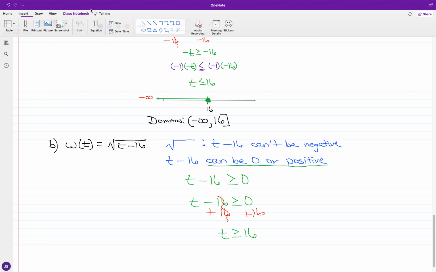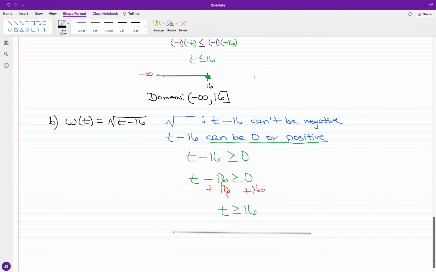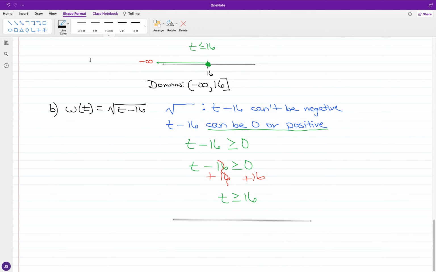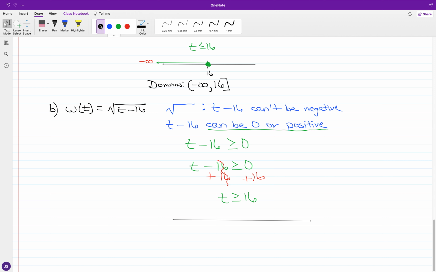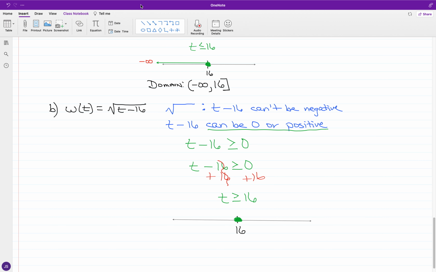Okay, so we have 16 as the centerpiece number, so to speak. And so with the number 16, we have t is greater than or equal to 16. So for the equal to 16 part, 16 has a point on it. And the rest of the values will be greater than 16.